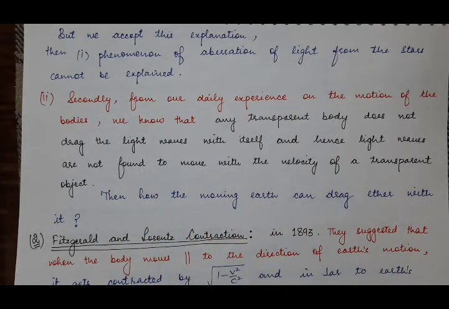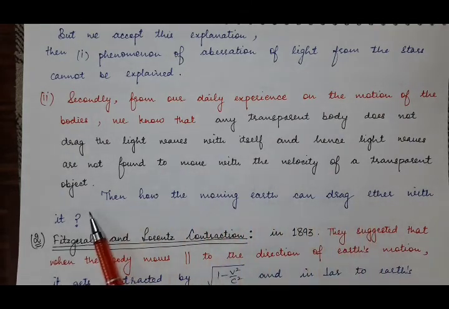It allows the light to pass through it. Hence, light waves are not found to move with the velocity of a transparent object.